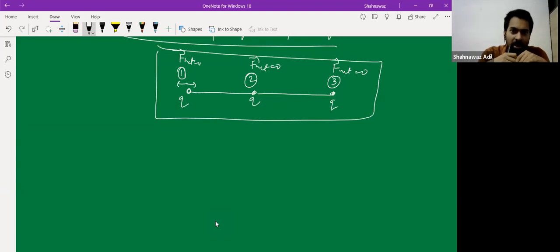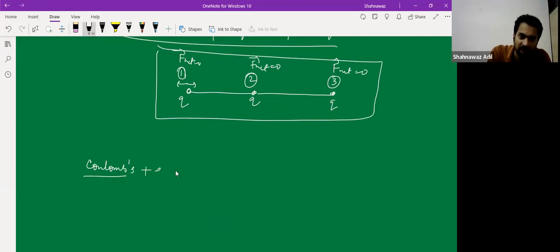Or if you put the charges in some liquid, then you have some buoyancy involved. So Coulomb's law is combined with some mechanics. Coulomb's law plus equilibrium, these are the type of questions that they ask.